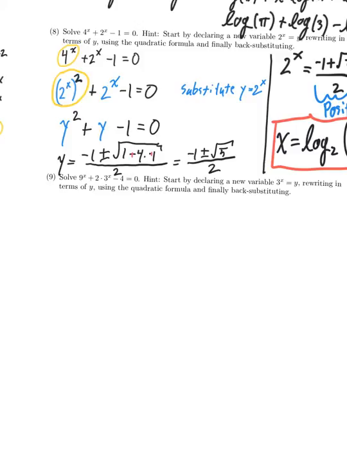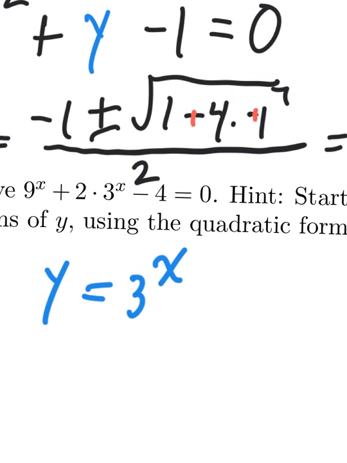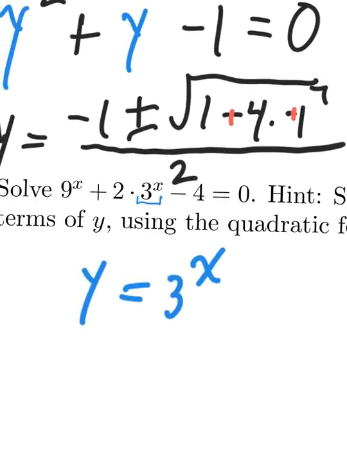So it's going to be a similar substitution, and in fact I suggest the substitution. Let's substitute y equals 3 to the x. That's a good idea because in looking at this, I see a 3 to the x right there. I see a 3 to the x right here, so I can replace that with a y.